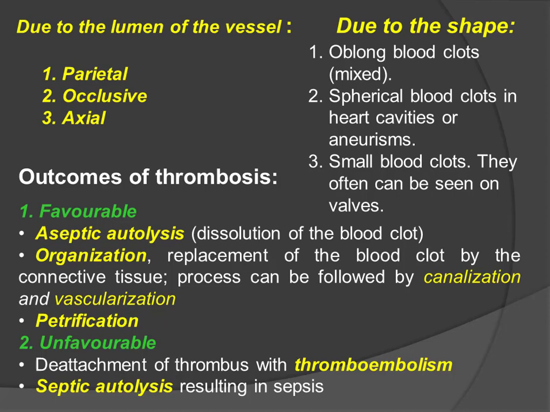Organization of the thrombus: the thrombus is replaced by connective tissue which grows from the intima. The process of organization may be accompanied by recanalization and vascularization. Slow lysis of the thrombus is followed by the ingrowth of connective tissue.